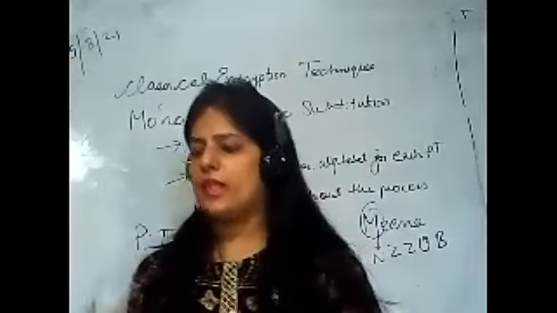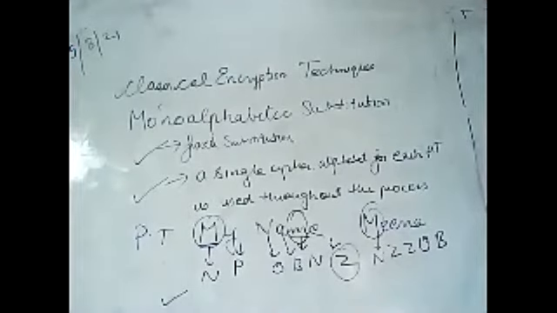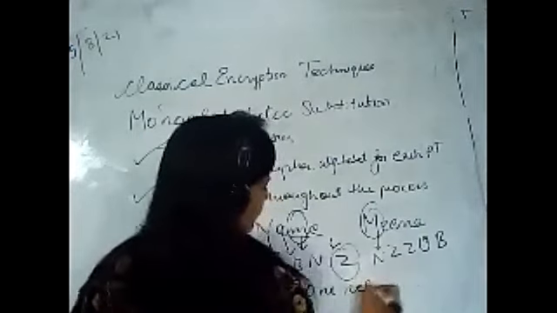Once you use any ciphertext for a particular plain text, it will remain the same throughout the process. So it has a fixed substitution, a single cipher alphabet for each plain text. And the third thing that you can remember is that the relation between a character in the plain text and the ciphertext will always be a 1-to-1 relation between plain text and ciphertext.